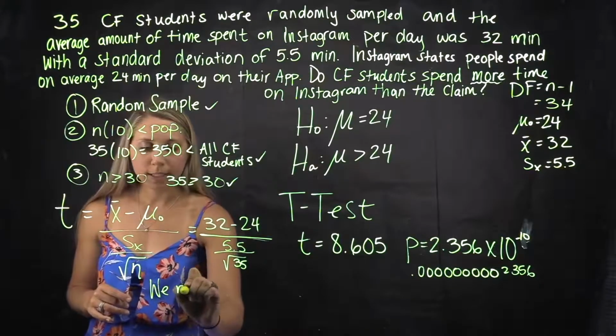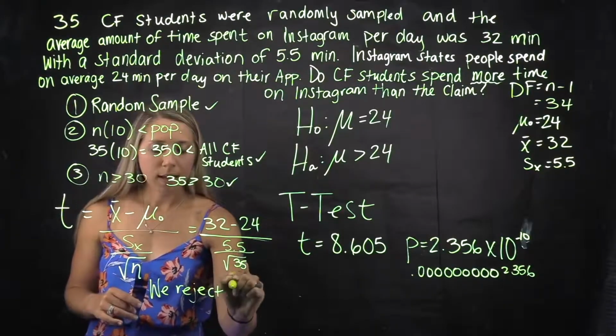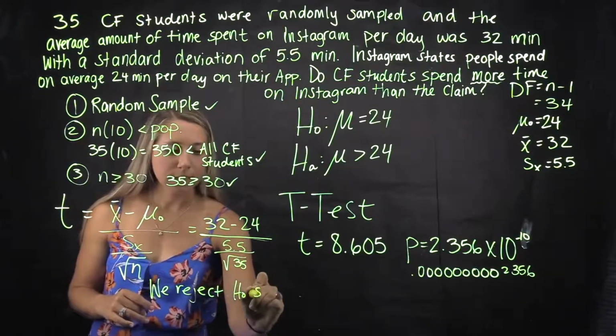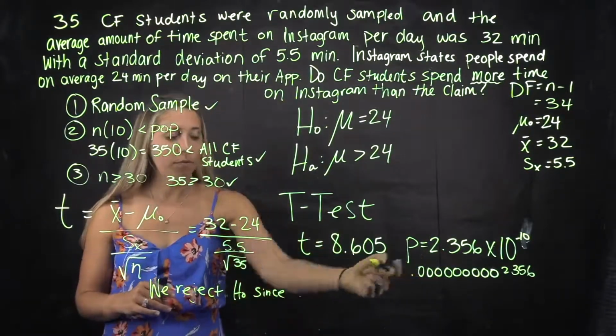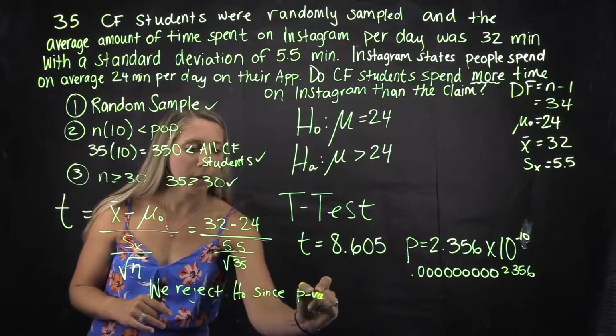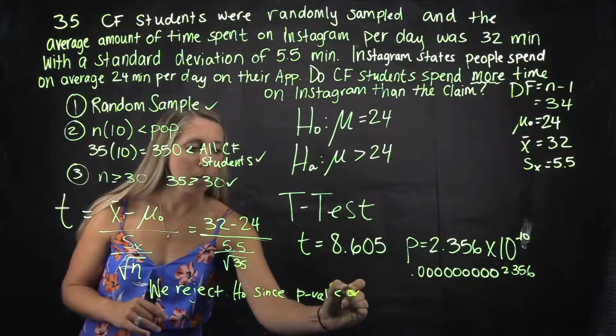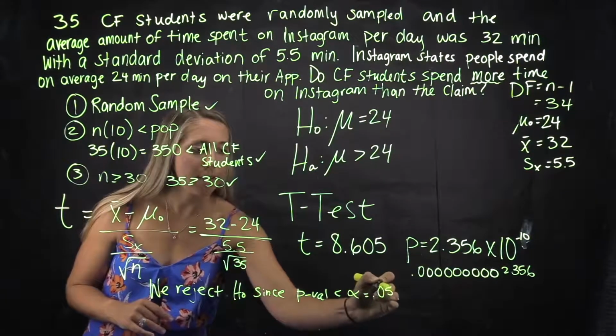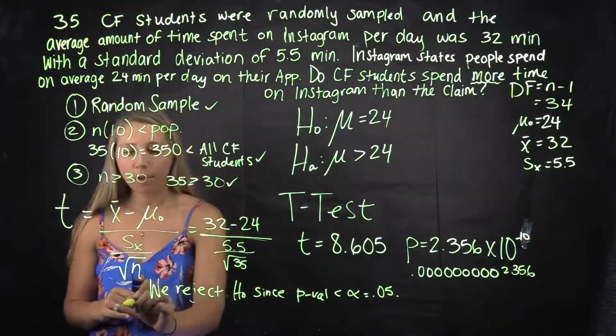We reject H naught since our very, very small p-value is smaller than what we typically set alpha at, 0.05.